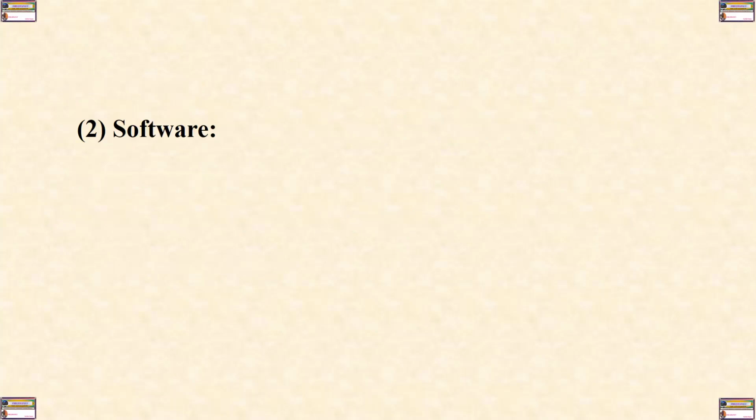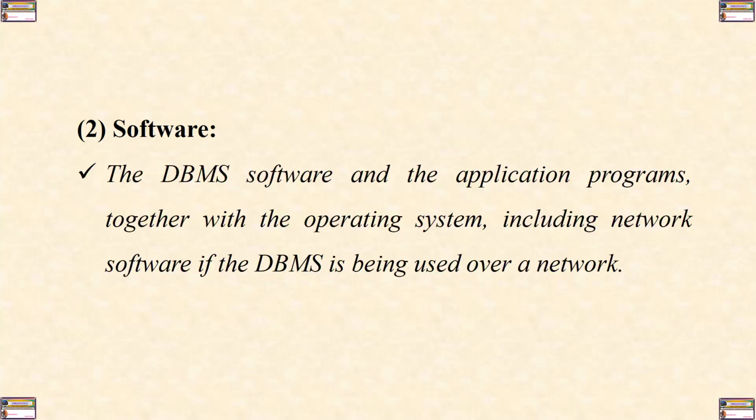Secondly, you require software. Now, software are simply a set of programs that you need to make use of. Like in our case, the software we are going to require is Microsoft Access, which can be of any version. Now, the database management system software and the application programs, together with the operating system, including network software if the database management system is being used over a network, is what forms what we are calling software.